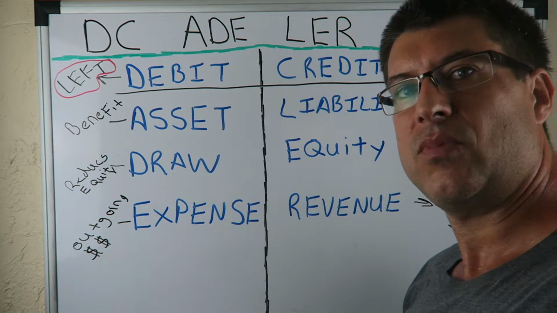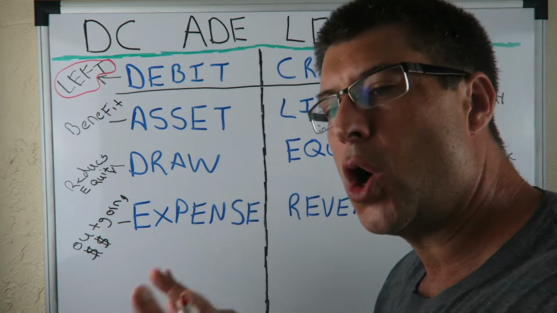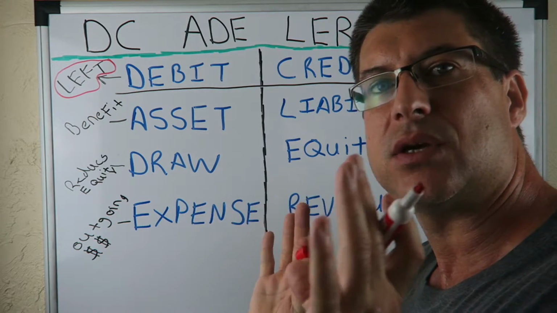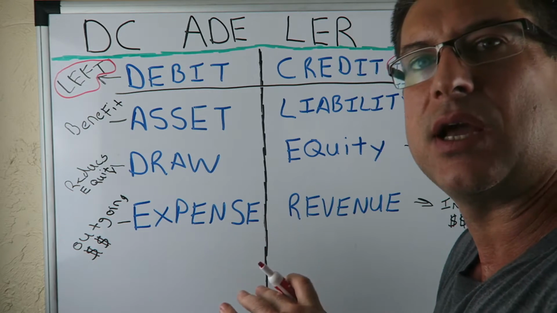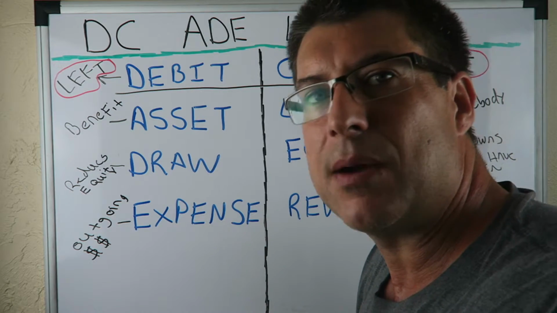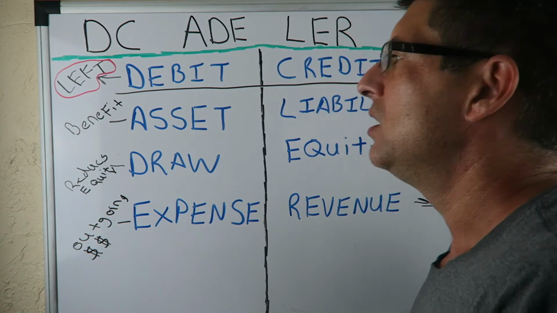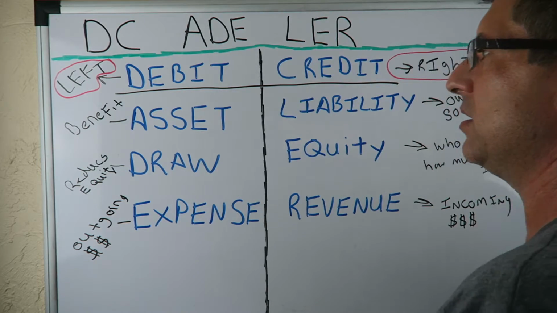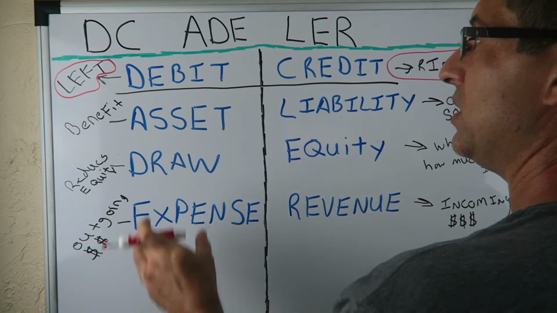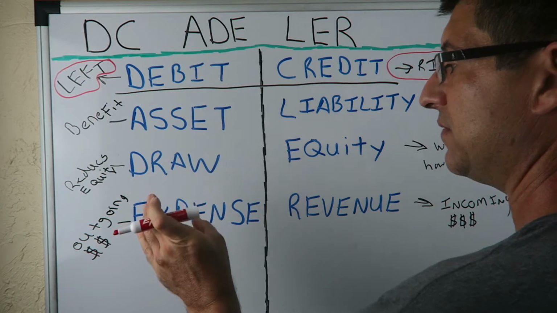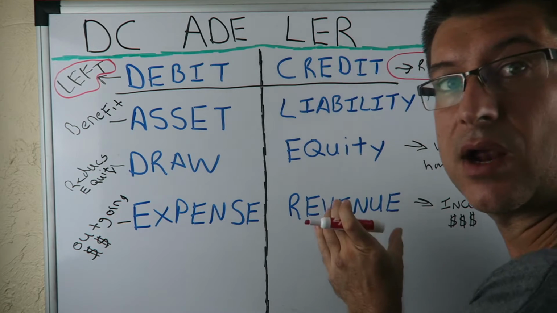Now, they always equal. Always. Debits always equal credits. We're using a double entry accounting system, meaning there's a double entry. There's two entries. There's always a debit, which is on the left, and there's always a credit on the right.